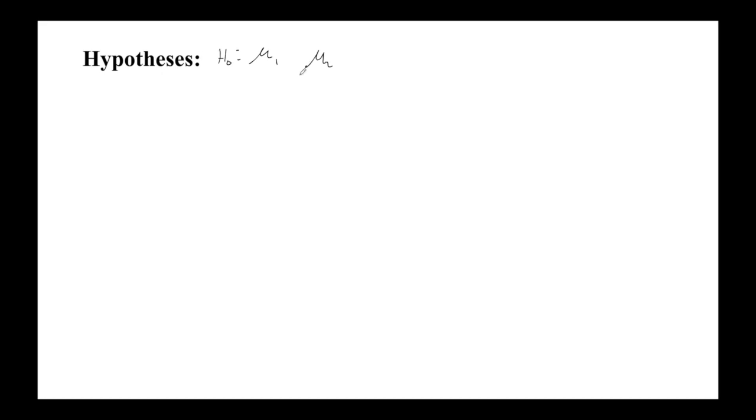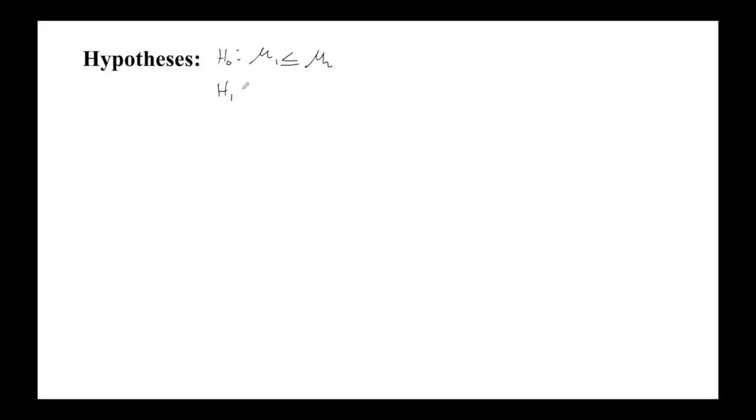Since they are claiming that the price of townhouses in Quezon City is higher than in Makati City, that will be the alternative hypothesis. For the null hypothesis, it will be less than. And since this is a null hypothesis, there must be an equal sign, so less than or equal to.